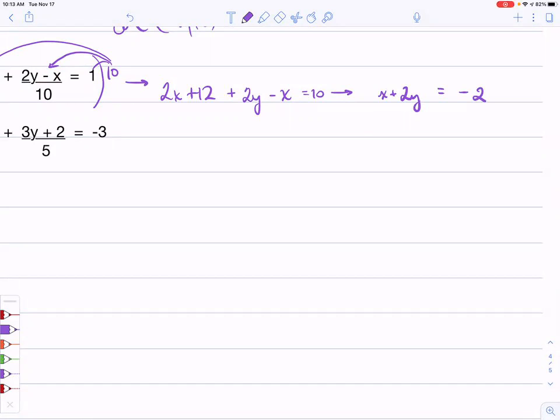Yes, but we went ahead and moved the 12 to the right and combined it with the 10. Okay, so that's totally an equation worth working with. Way better than this.